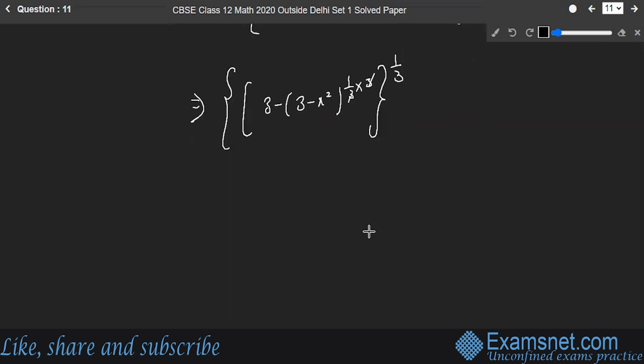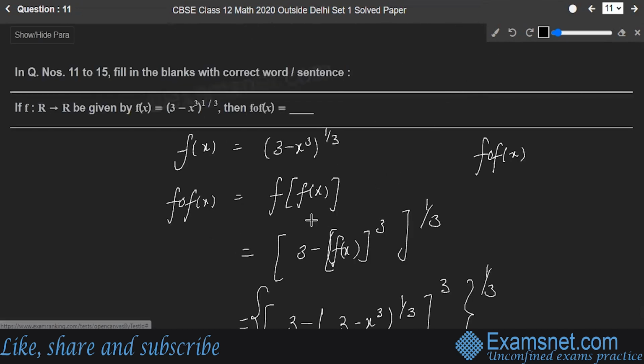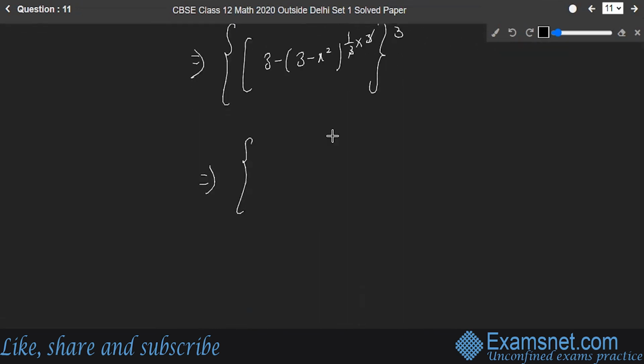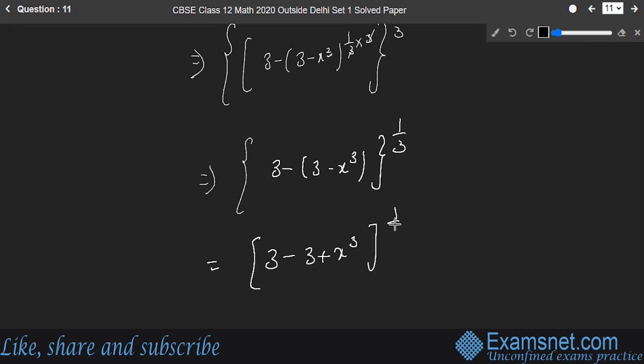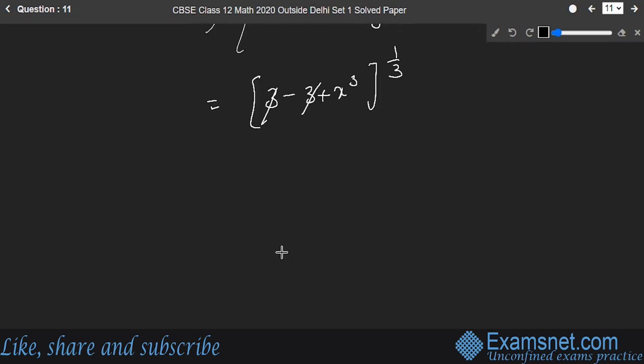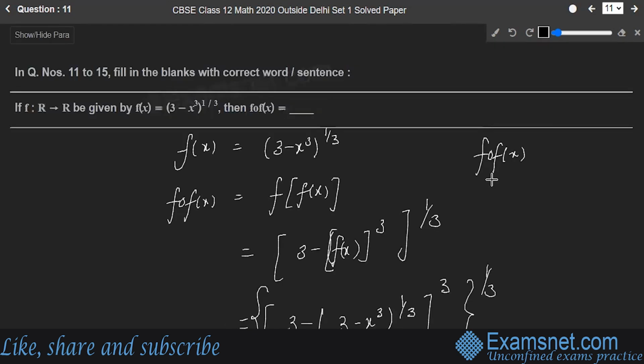This 3 will cancel and you will have, sorry, not this bracket. 3 minus (3 minus x cube) whole raised to power 1 by 3. This will be equal to 3 minus 3 plus x cube raised to power 1 by 3. Now 3 and 3 again will cancel. You will be left with x cube raised to power 1 by 3, which will be equal to x only. That's it. You got your answer. So the f of f(x) is nothing but the variable x.